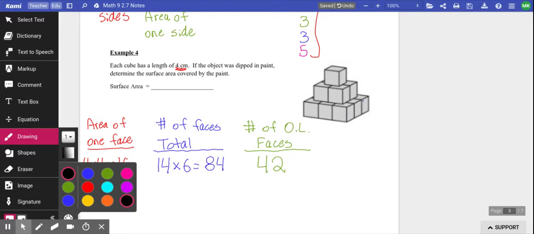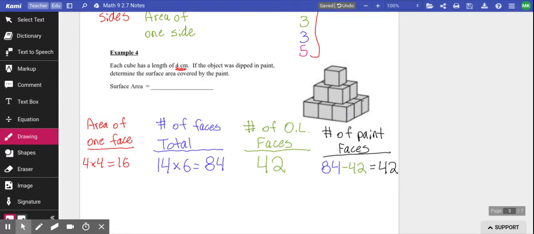Now that I've got the number of faces total and the number of overlap faces, I can do the number of painted faces. That number will be 84, which is the number of total faces, minus 42, which is the number of overlap faces, to give me a total of 42 faces.